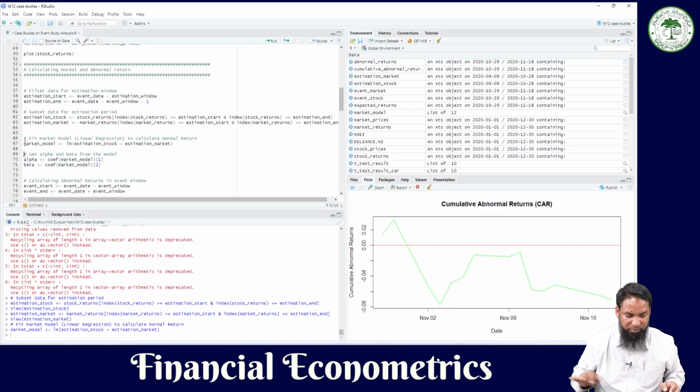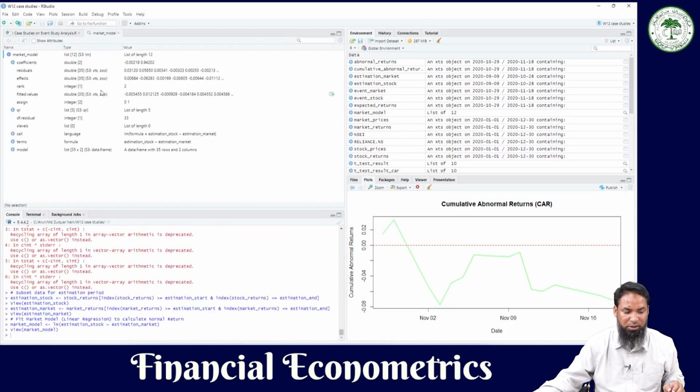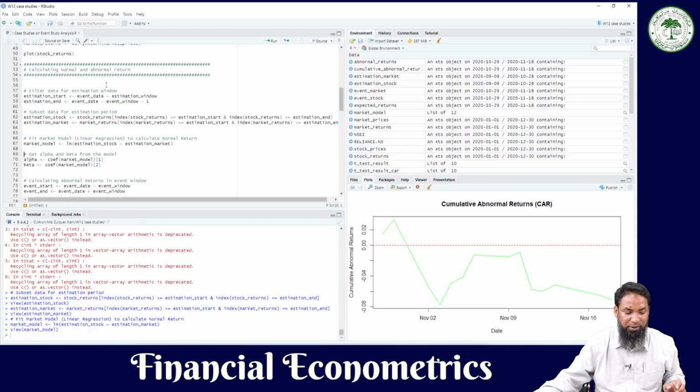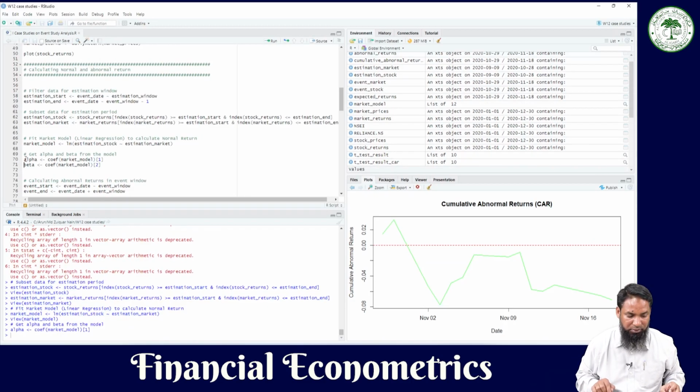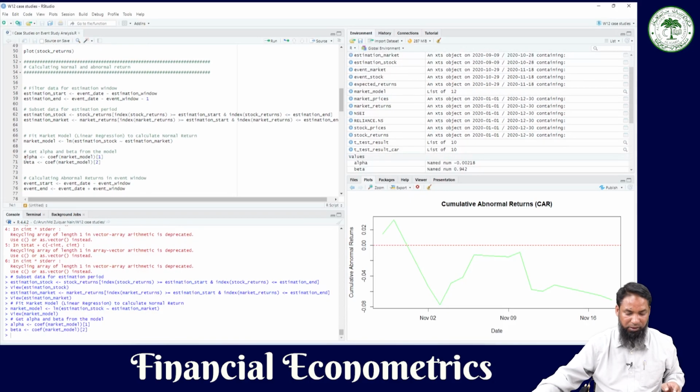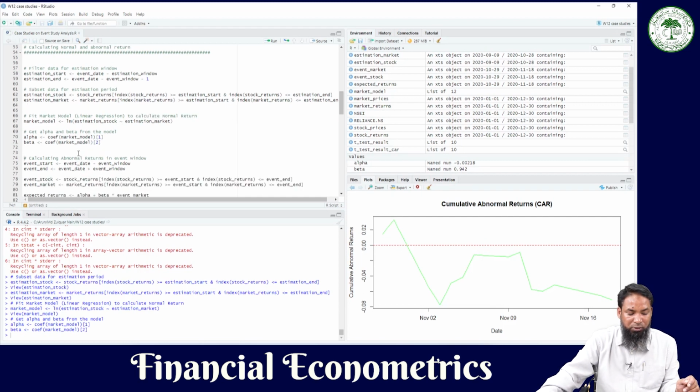Once we fit the market model, we have the market model here, with all the fitted coefficient values calculated. Now let us get the coefficients, alpha and beta. Using those we will calculate the abnormal returns.